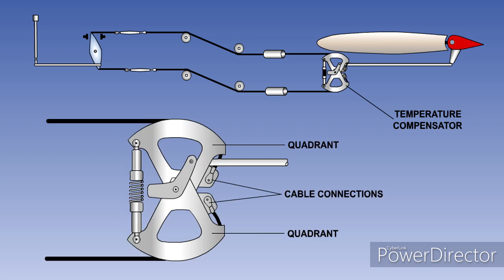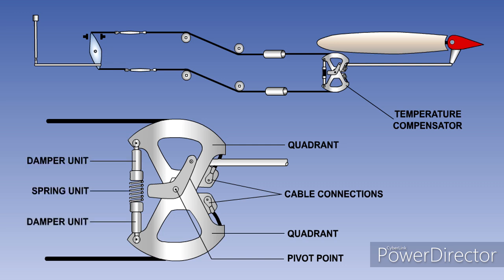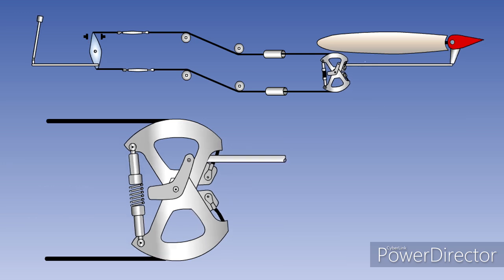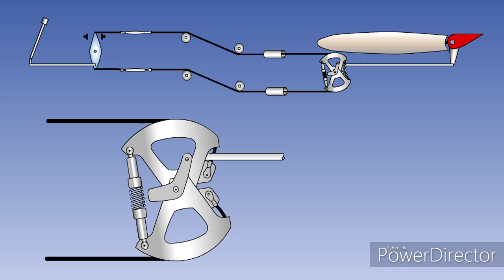In the temperature compensator in this graphic, the cables from the pilot's control are fastened to the two quadrants. The quadrants are free to rotate independently about the central pivot point. However, they are connected together by a strong spring in the damper unit. Movement of the pilot's control operates the cables.